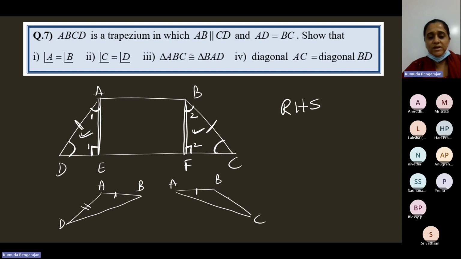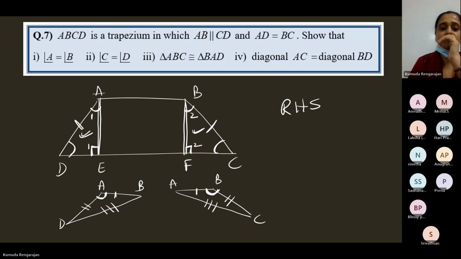This side equal to this side is given. And this angle equals this angle, we've proved. So the triangles are congruent. And by CPCT we have diagonal BD equals diagonal AC. So like this, we have seen the properties of an isosceles trapezium. These are the properties of an isosceles trapezium.